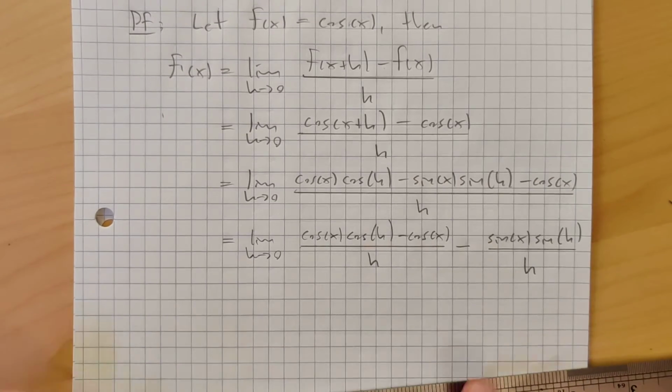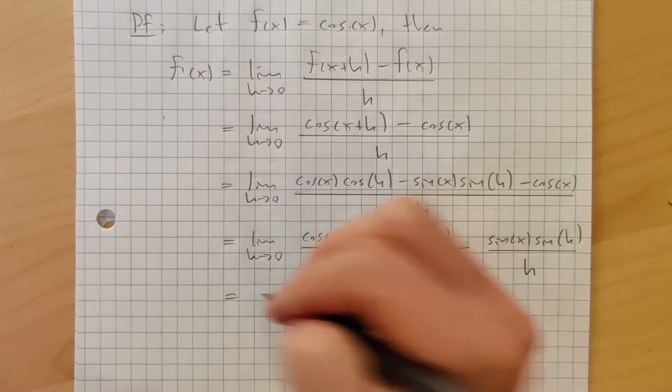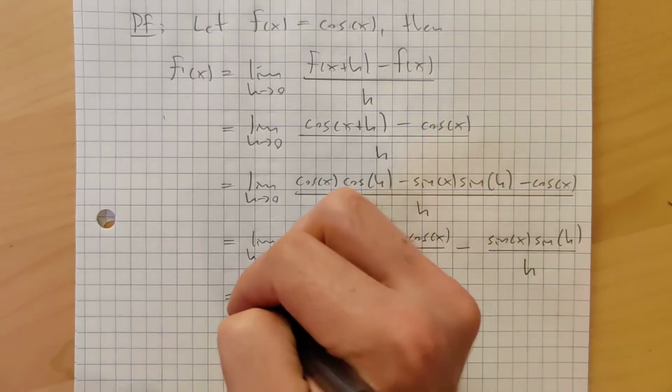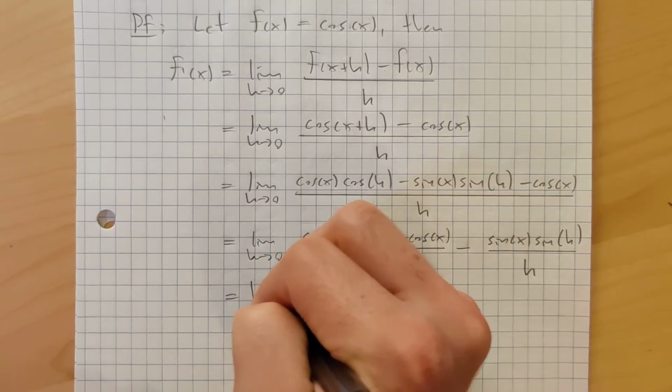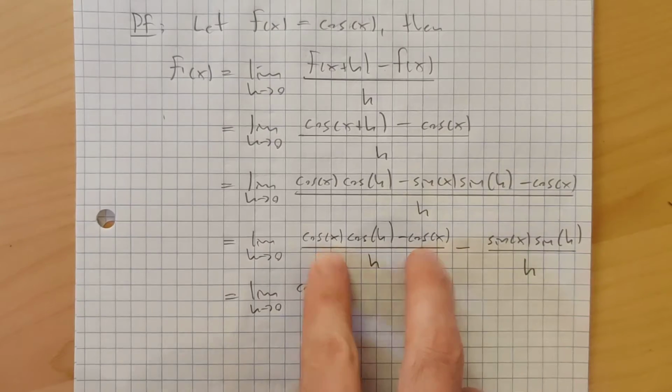Now, using the limit laws, I can write the limit of a sum or difference of two things as the sum or difference of the two limits. So I'm going to take the limit of the first thing here, and at the same time factor out this common factor of cosine of x.